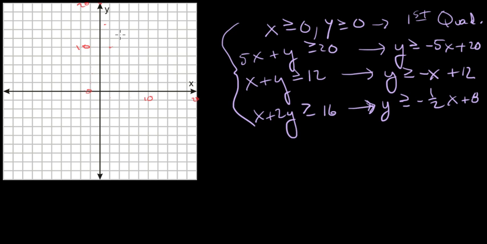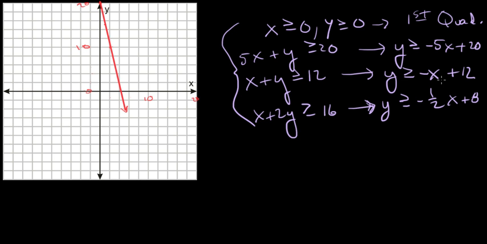And so, at any rate, there's my first line. And I'll just draw that like that. Okay. And these are all greater than or equal to signs, so I don't have to worry about any dotted lines or dashed lines.